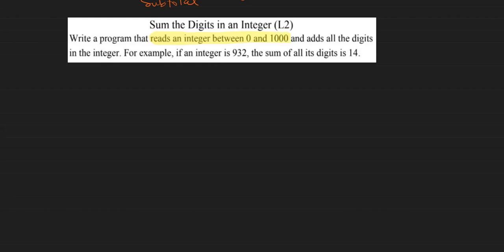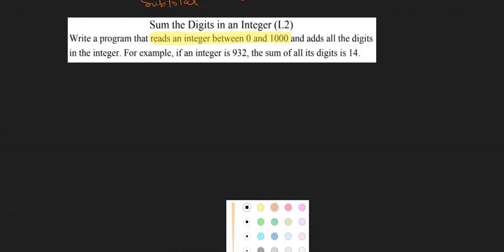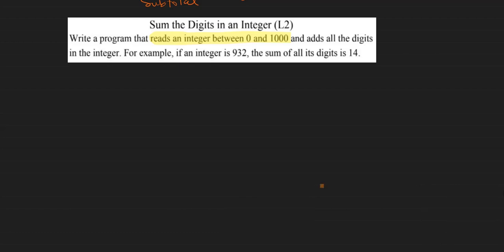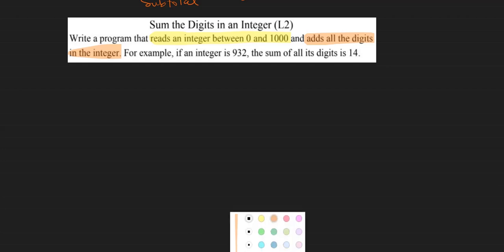And from that, the next thing that we have to do is process that by extracting the digits and adding all the digits of the integer together. So this is part of your processing. Then from there, you're going to display the sum of all the digits, as the example already suggested.